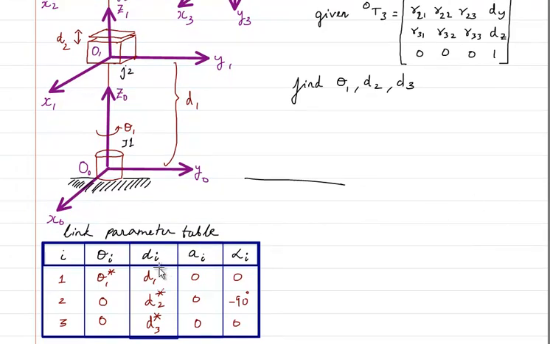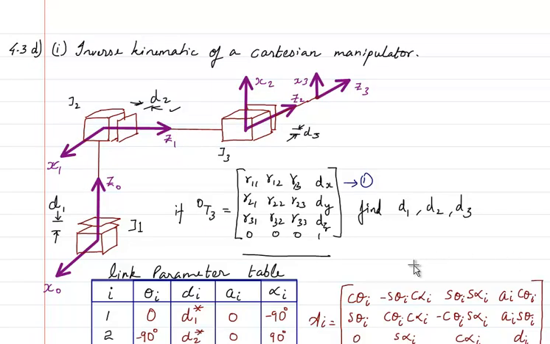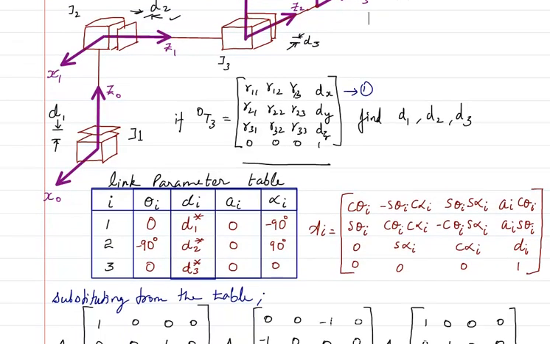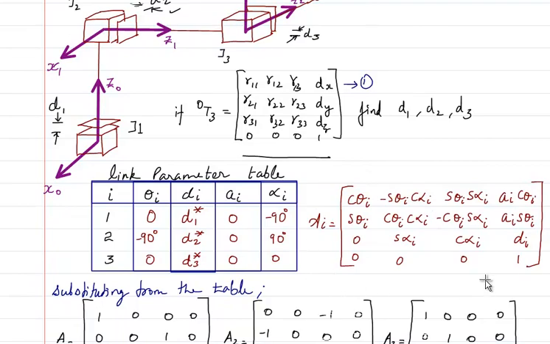Now here it is very important to note that D1 is only the length of the link. That is not a variable, it is not changing, it is a rigid body. So D1 I have not put any star, whereas in the other theta 1, d2, d3 I have put star because they are the joint variables and exactly I am interested in finding out those, isn't it? So based on this I have to find out the equation using the Ai matrix which is given here.